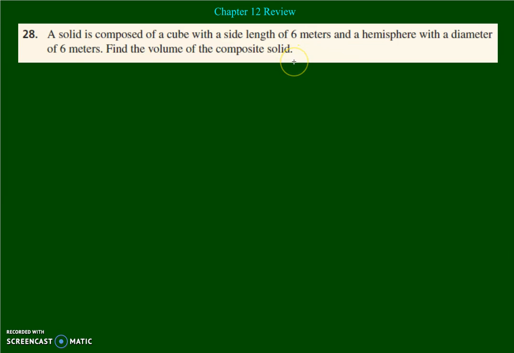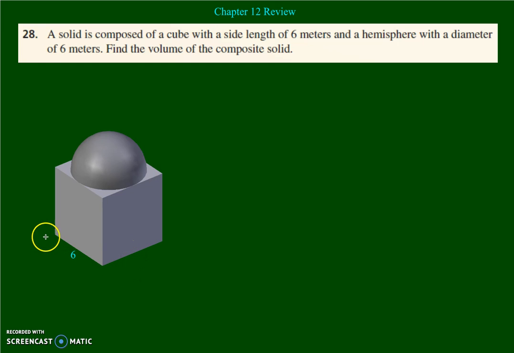And to try and draw the picture of this, it would be really ugly if I did it, but I'm going to pull up a 3D model of this. All right, so here we have a cube with a side length of 6, so this is 6 and 6 and 6, and therefore the diameter of this hemisphere is also 6.